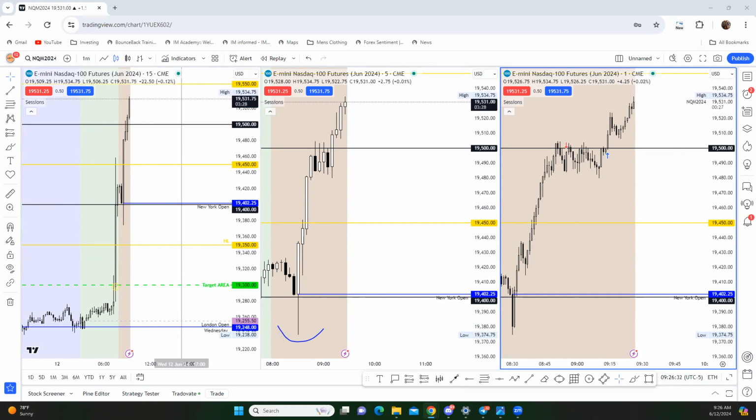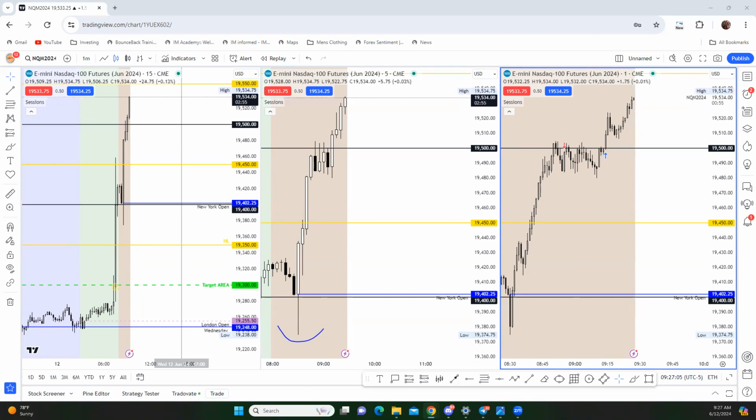Dollar index finding more weakness on 104.50. So they're still extending up.